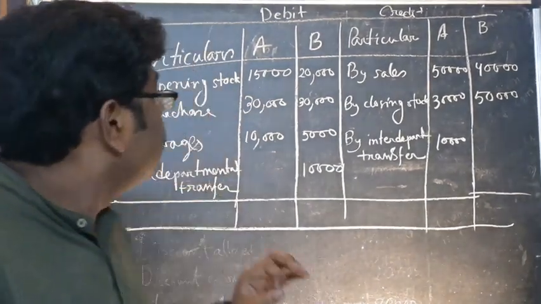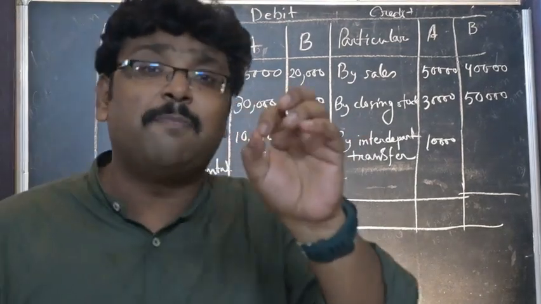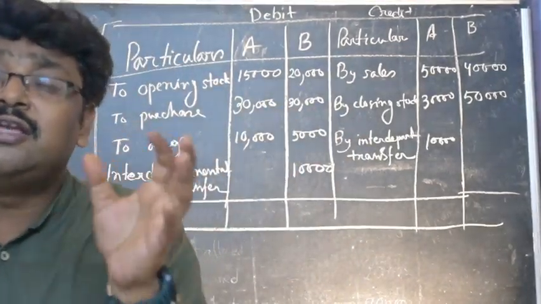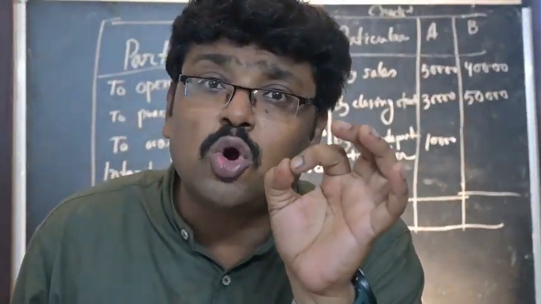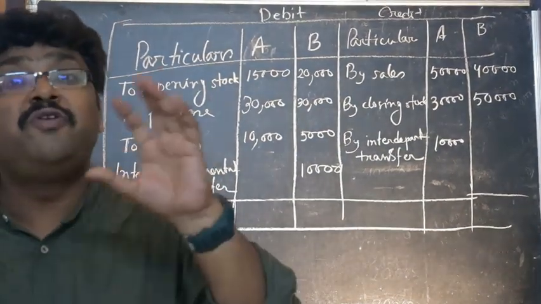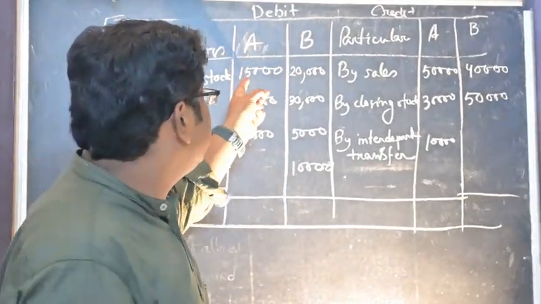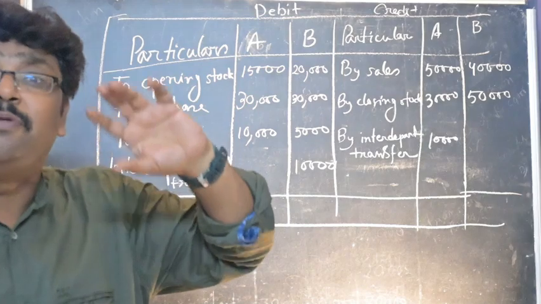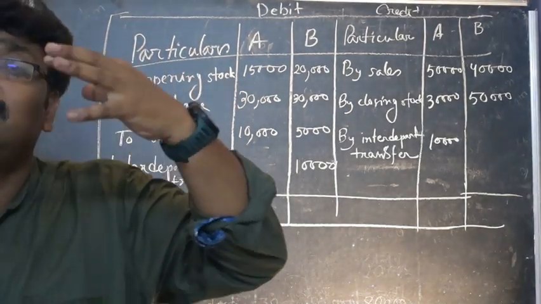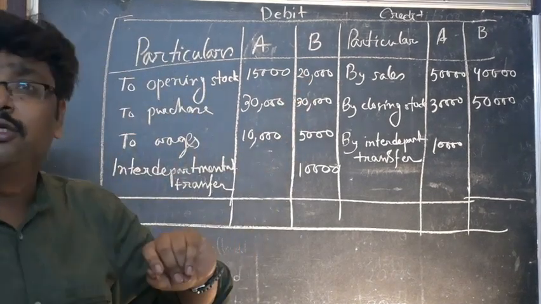The opening stock of 15,000 for department A is actually the closing stock of the previous year, and for department B in the previous year, 2023, it was 20,000.